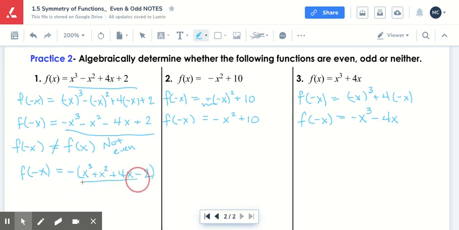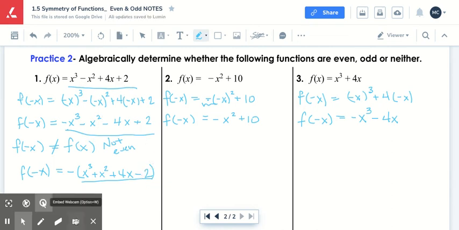And now I'm comparing the inside part here with the original function. And if those are exactly the same, then I can say that this is an odd function. Otherwise, I would say it is not odd. So because the signs don't match up exactly from this inside the parentheses here and the original function, I can say that this one is also not odd.